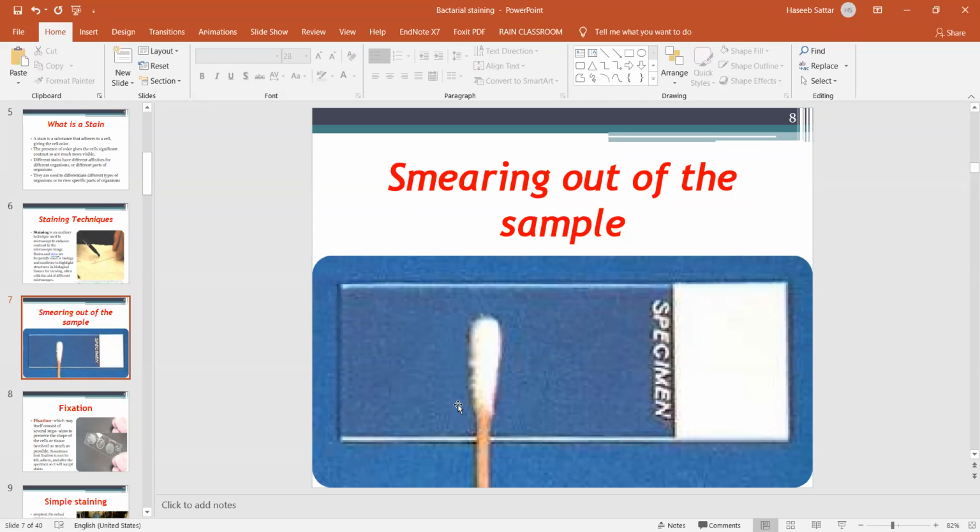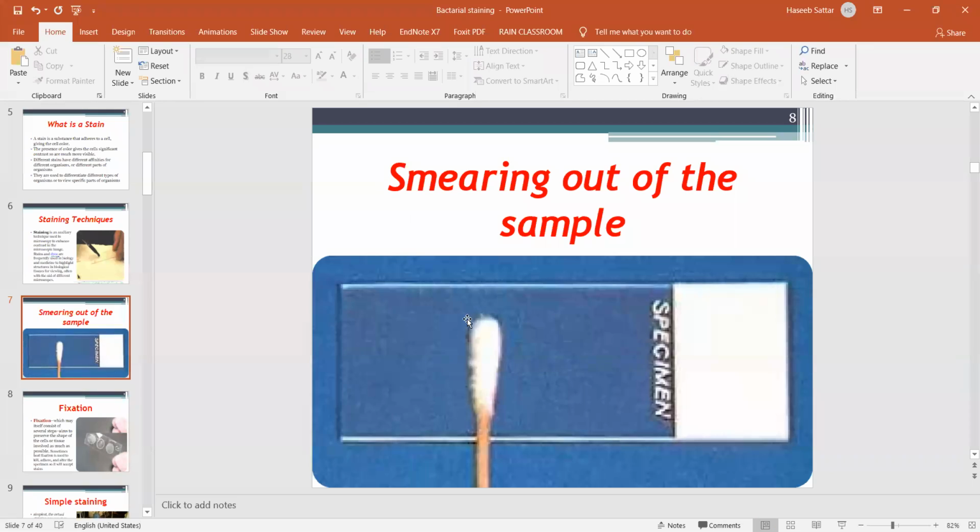That we call a smear. A smear is actually a thin film of a bacterial solution which we make on a glass slide, the slide we use for microscopy. The first step of all the staining techniques is preparing a smear. So how do we make a smear?